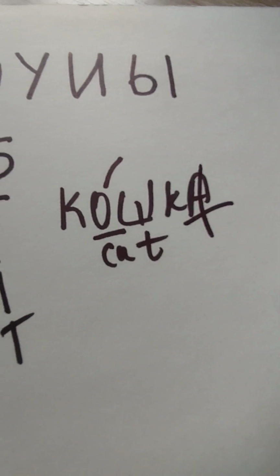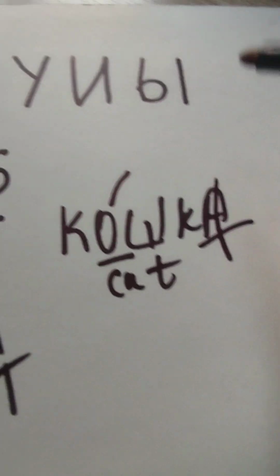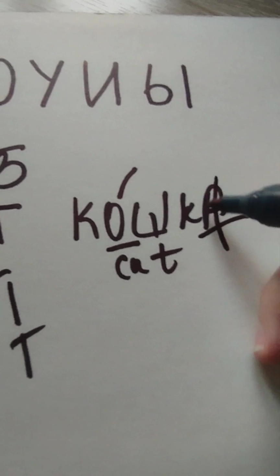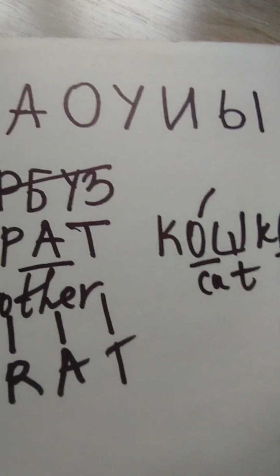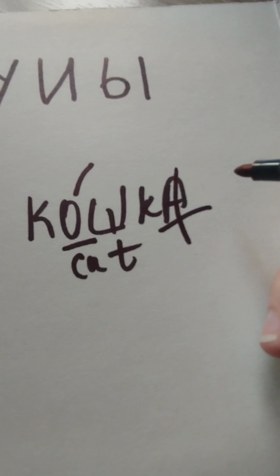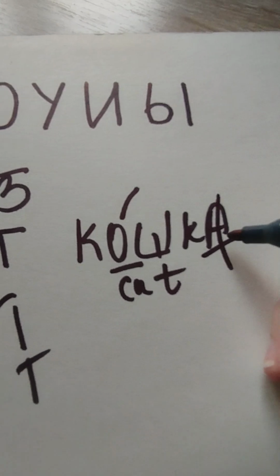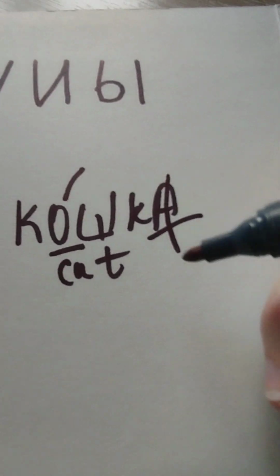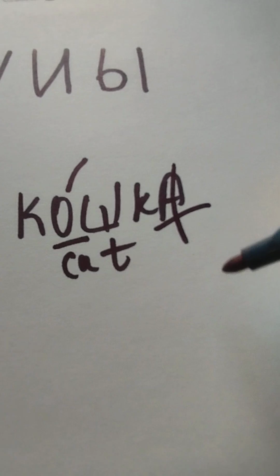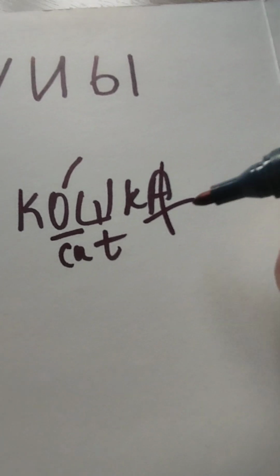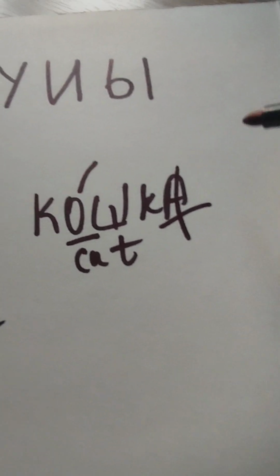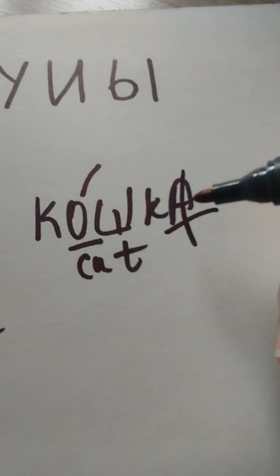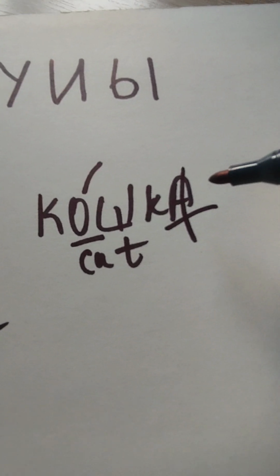Some people in Russia pronounce it more clear, like koshka, and you hear A very well. But some people can pronounce also like koshk, koshka.